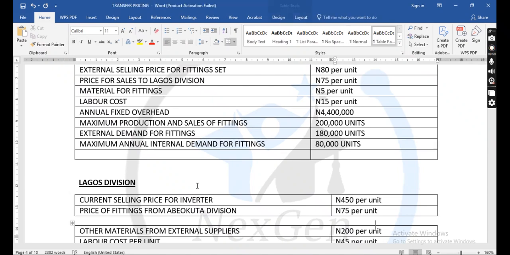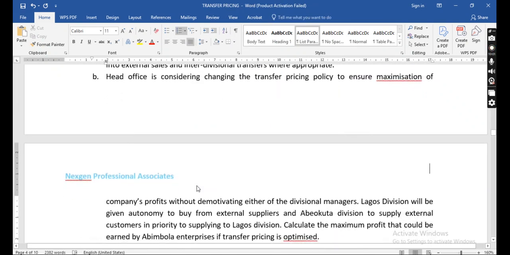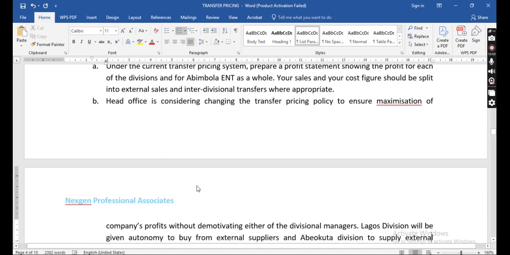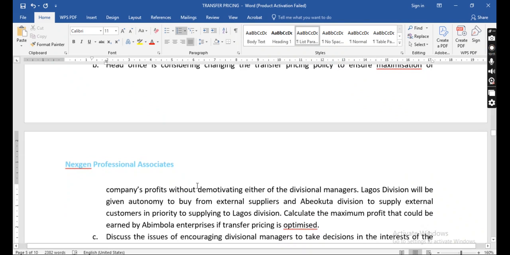So under the second, head office is considering changing the transfer pricing policy to ensure maximization of company profits without demotivating either of the divisional managers. Lagos division will be given autonomy to buy from external suppliers.